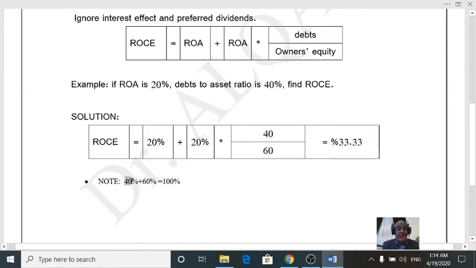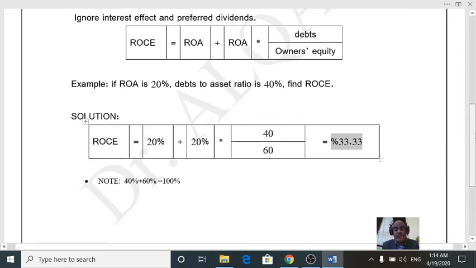So we have debt here as 40 and equity as 60, so we put 40 over 60, and the return on common equity will be 33.33%.